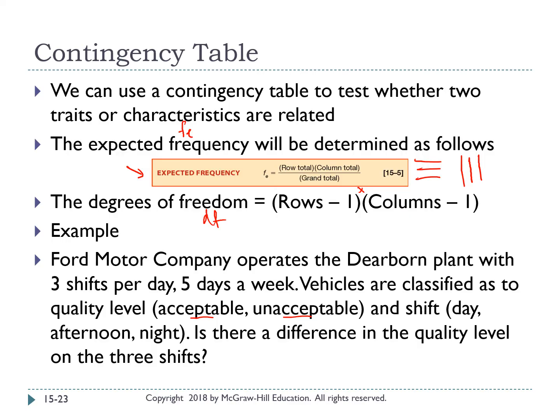It means that if, let's say, we are producing the vehicle during the day, would it be acceptable or unacceptable quality? If we are producing at night time, will it be acceptable or unacceptable? So you want to see the relationship between the shift and the quality of the vehicle produced.